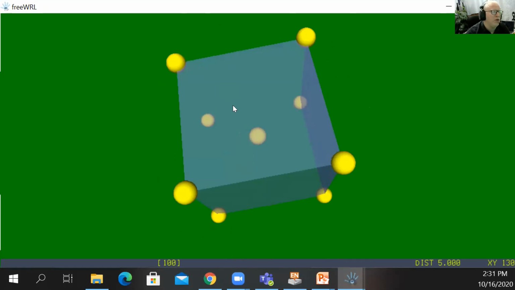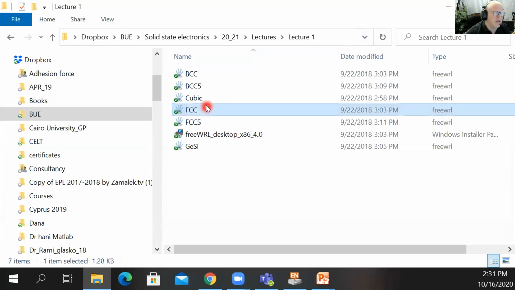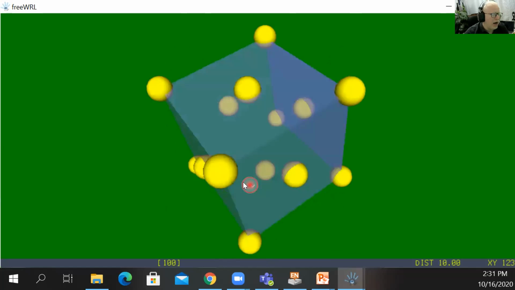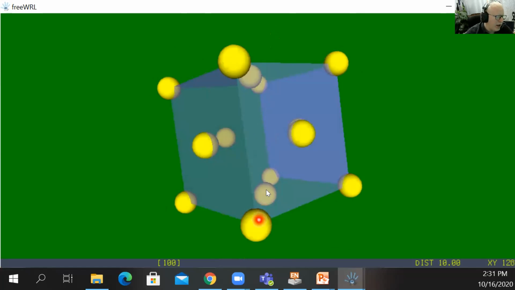Let's turn to the third configuration, which is the face-centered cube. Again, our structure is a cube. The x-axis edge equals the y-axis edge equals the z-axis edge, which are A, B, and C. The three angles are 90 degrees. But the atomic configuration is different.